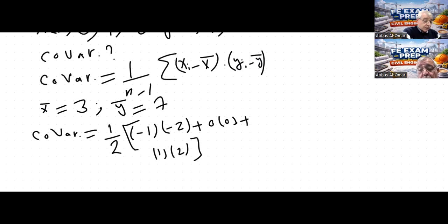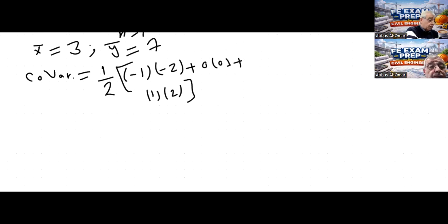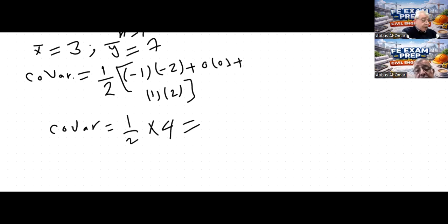Now, if we do the summation, we have 2 plus 0 plus 2, which is 4. So the covariance equals half of 4, which equals 2. So the covariance of these values is 2.